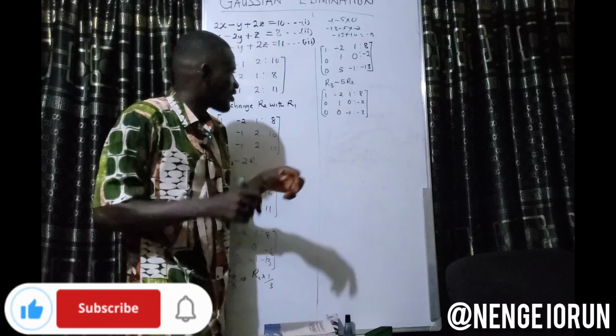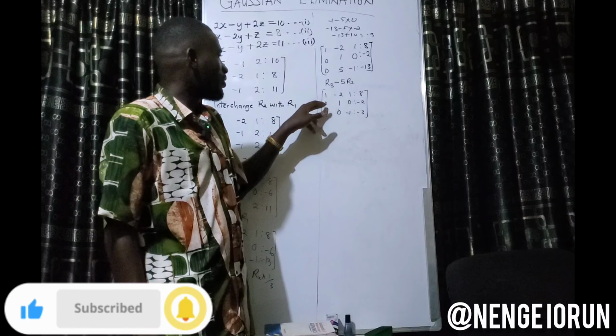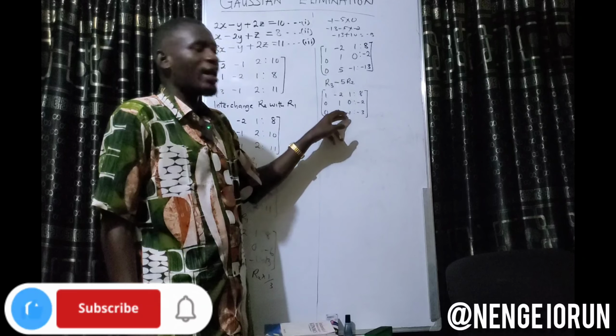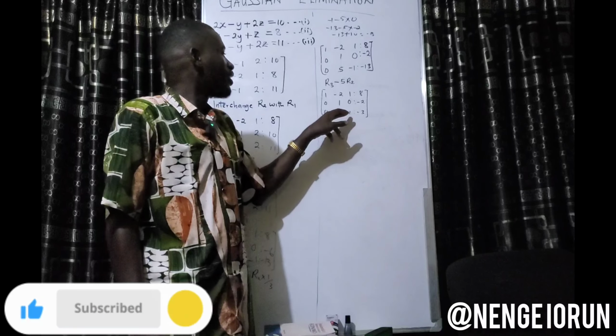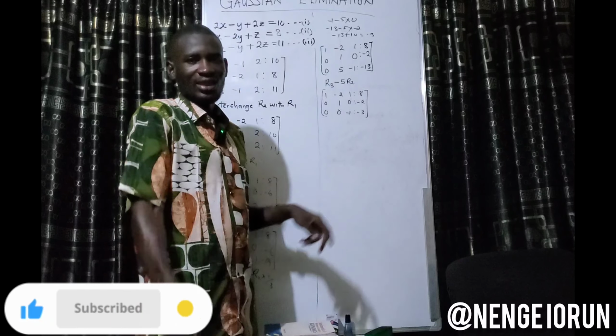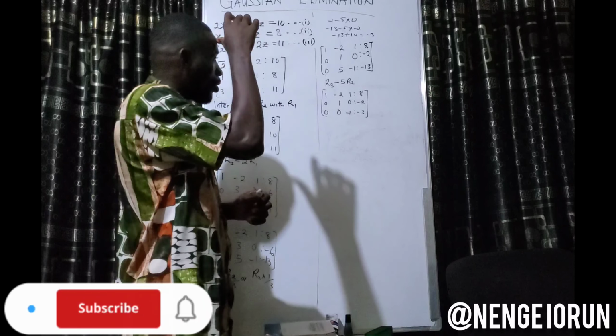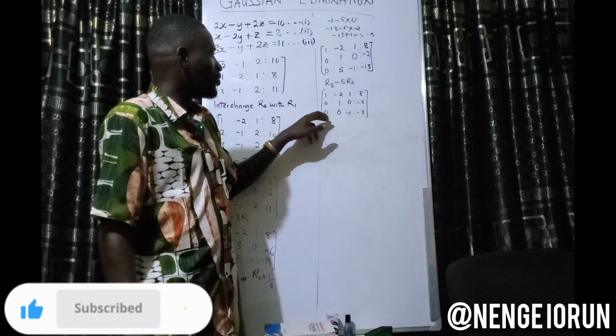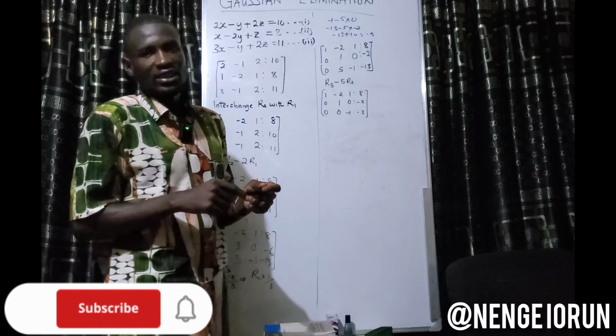Now we have succeeded in having 1, 0, 0, 1, 0, and negative 1. But we are looking for 1 here, not negative 1. So you divide row 3 by negative 1, or you multiply row 3 by negative 1.